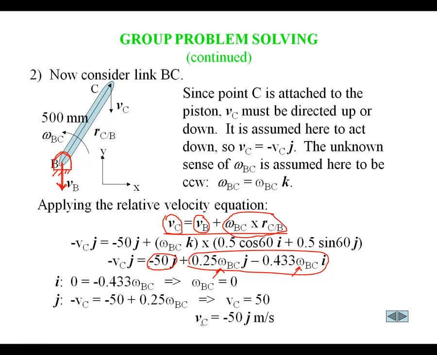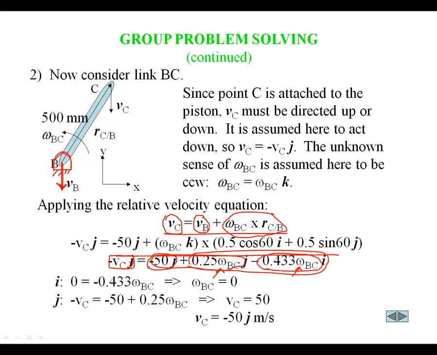Okay, so we come up here with a vector. This is our vector if we were to combine the J components here. And what about this X component? This total velocity at C, they're saying, is only in the J direction.